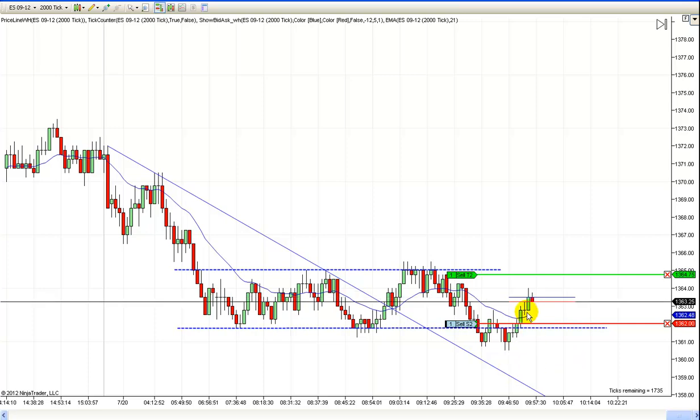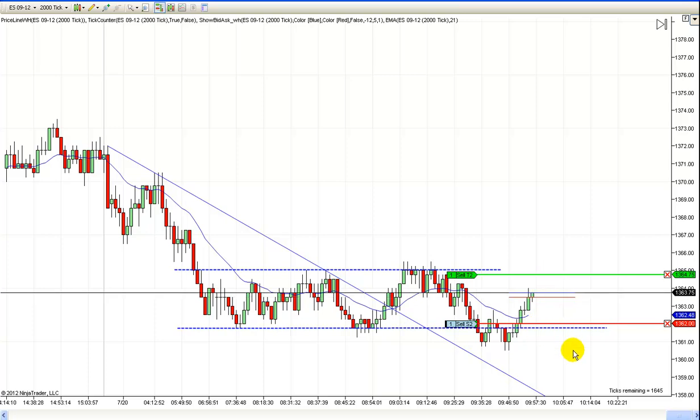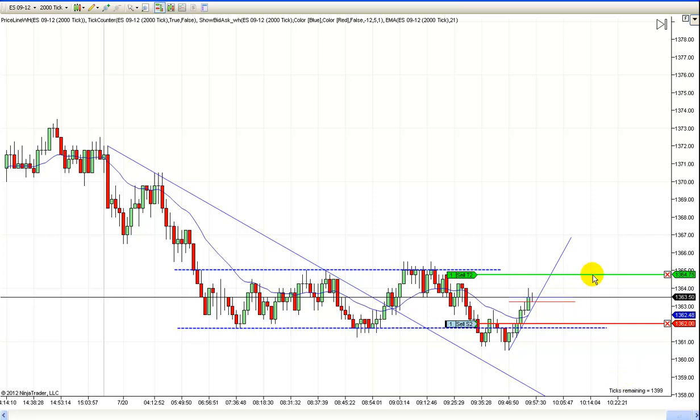And we could tighten our stop here, and I may tighten it because there's a strong chance we could pull back and test this low again before we go on up here to test this high. But now I need to go ahead and put my trend line on here and show you this. There's our trend going up. We got a little short-term trend line right there. Now we touched it.